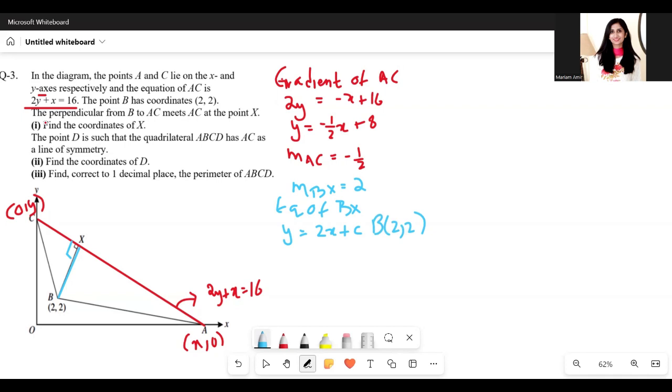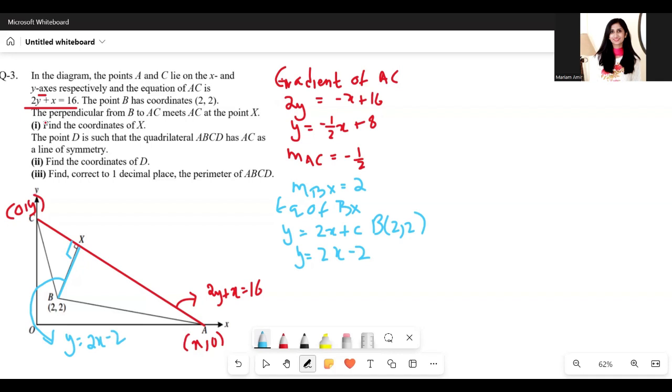And that would give us y equals 2x minus 2 after simplification. Substitute x and y as 2 and 2 and get c equals minus 2. Okay, so now we have the equation of the line BX as well. This is y equals 2x minus 2.